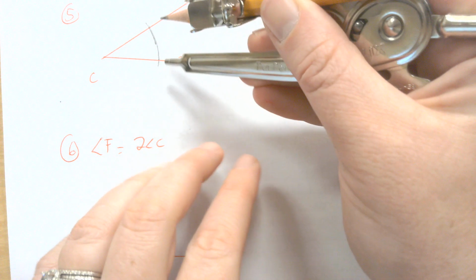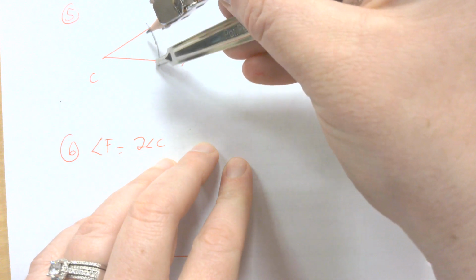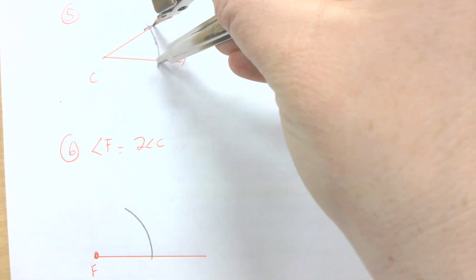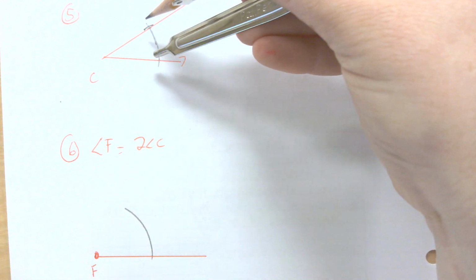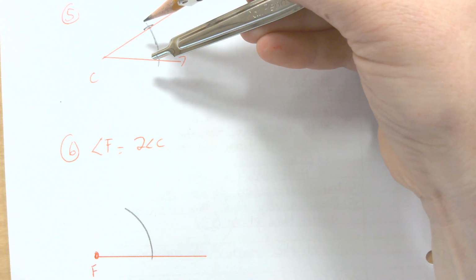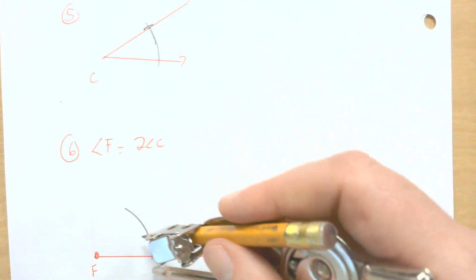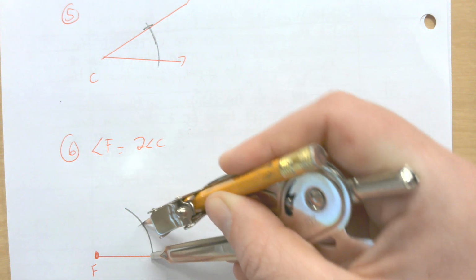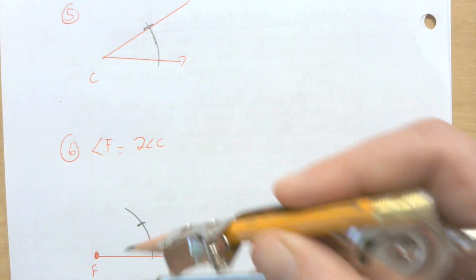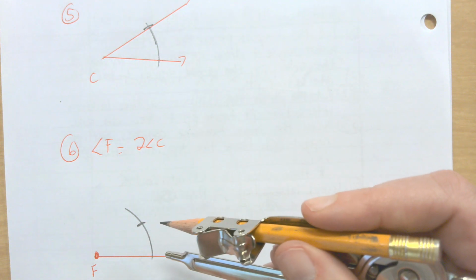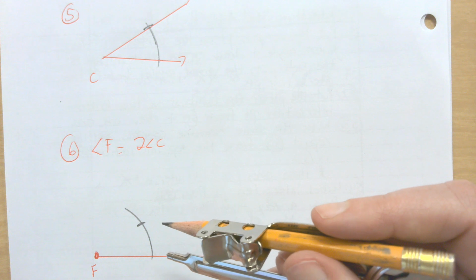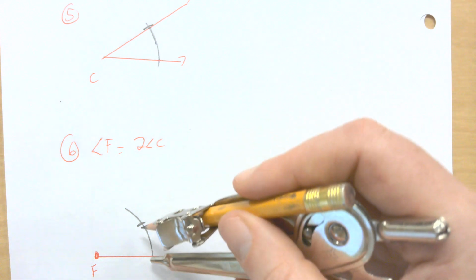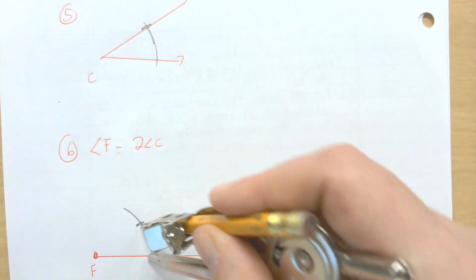Then, at angle C, I'm going to measure the distance between those two intersection points with my compass. When I have that measurement, I copy it down, put my pointer on the bottom intersection point, and make a dash right there. I went like this, got the measurement, came down here, and copied that.